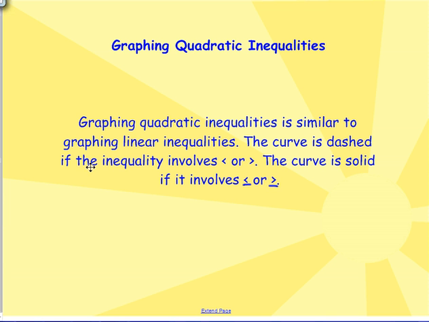So the curve is dashed if the inequality involves a less than or greater than sign. And the curve is solid if it involves a less than or equal to or greater than or equal to sign. Alright, you also need to remember where you need to shade, whether it's above or below the curve, and that'll depend on the equation.